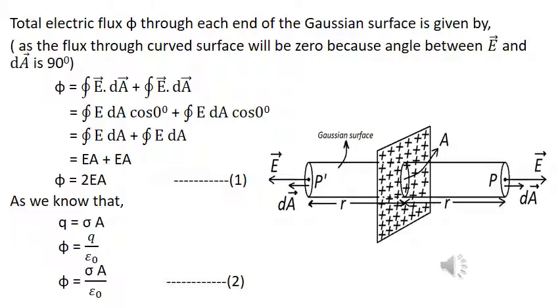As we know that Q is equal to sigma into A, where sigma is the charge distribution on the sheet, and using the Gauss theorem we can write flux through the Gaussian surface is equal to Q by epsilon naught. By putting the value of Q in this equation, we get phi is equal to sigma into A upon epsilon naught.